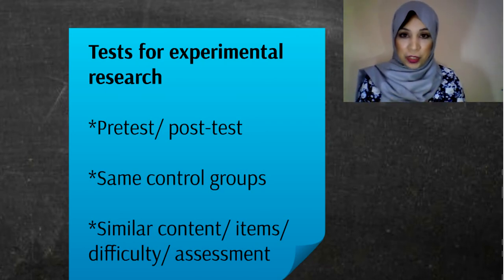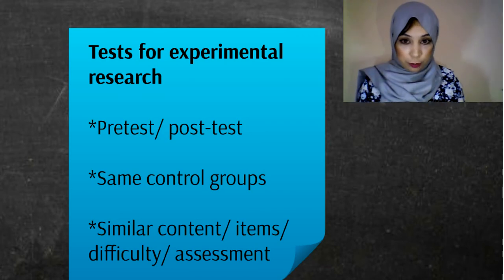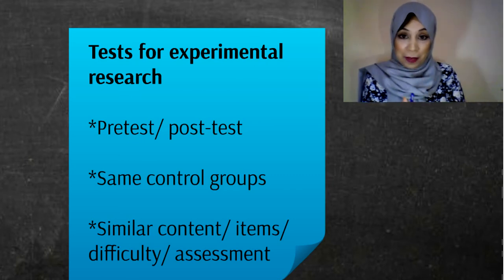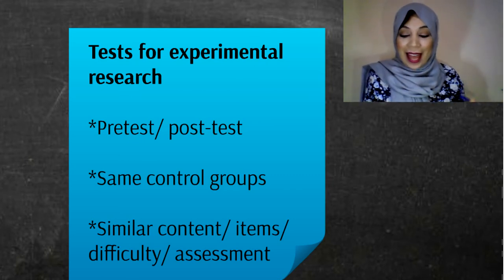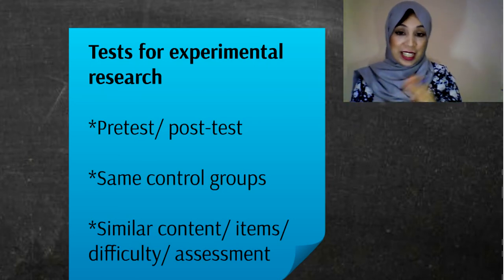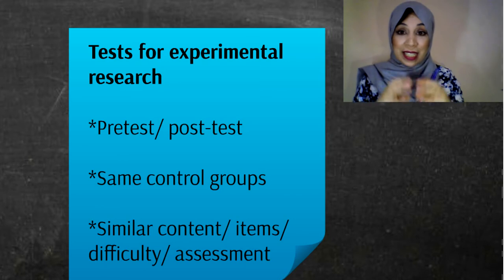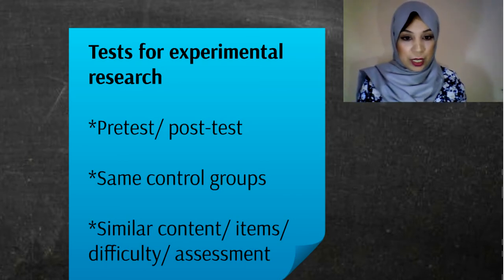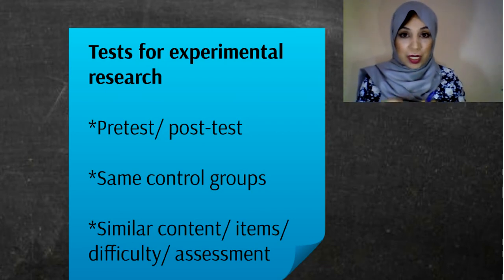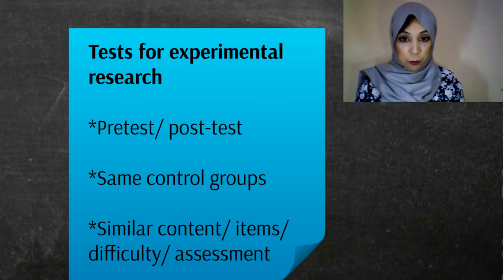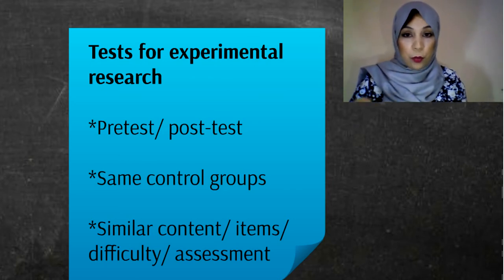So, like this, the same exact group of subjects, of students, have been subject to a pre-test, that is before the implementation of the teaching method, and a post-test after the implementation of the teaching method. The same control groups with the same content, that is, we have asked about the same item, which is writing a paragraph, with the same difficulty, like you should respect the form of a paragraph, and we have been assessed.